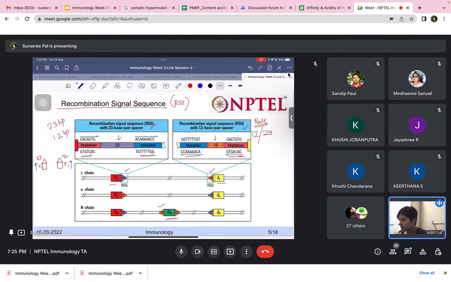Then what happens is that there's a kind of loop that forms, so that this recombination event can take place and the intervening loop can be excluded. So suppose V1 is pairing up with J1 in this case.